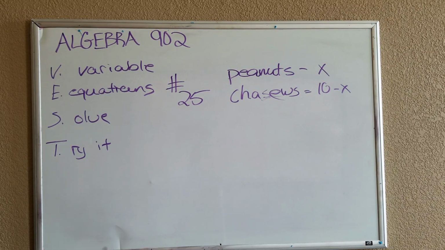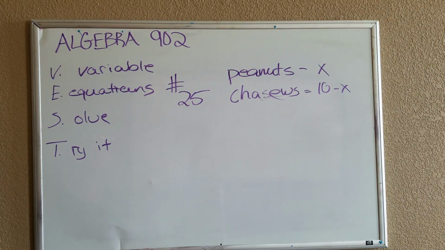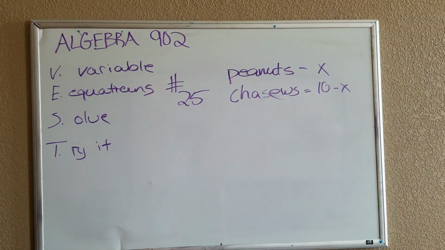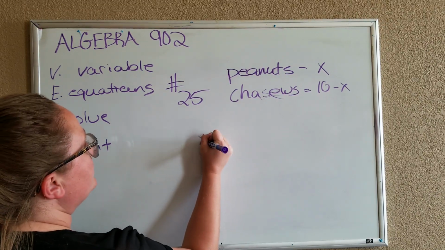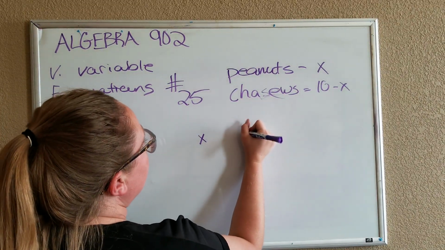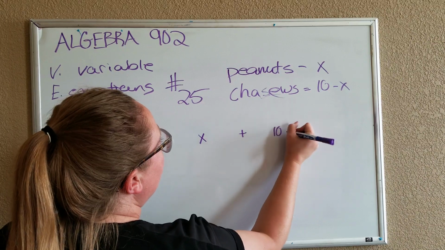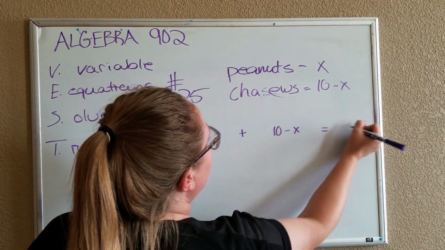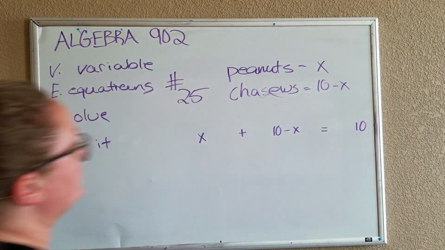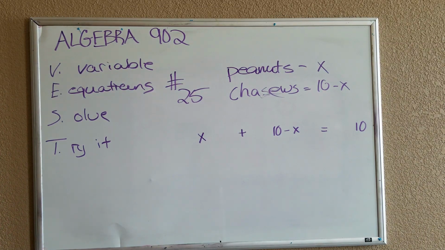Now number 2, write our equation. So peanuts is x. Right now, we're going to mix peanuts, which is x, plus cashews, which is 10 minus x, to equal 10 pounds. That's just our mixture. Now we're going to add in our money.